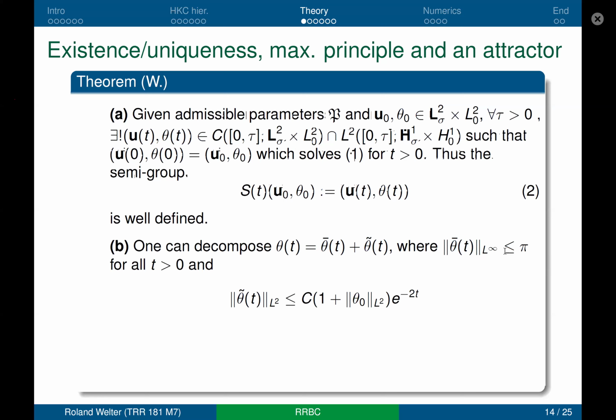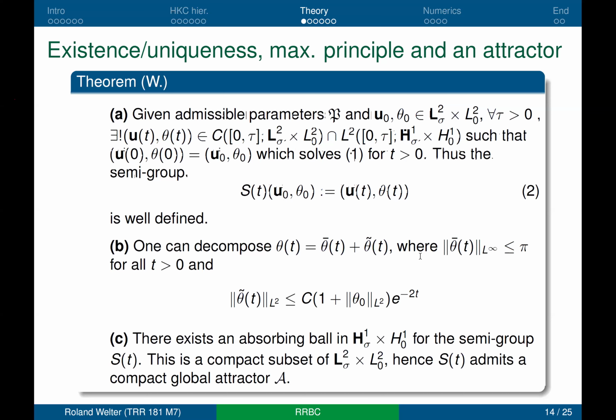This is like you're forcing the temperature at the boundaries, and this theta bar remains between the boundary values. And the theta tilde is some initial fluctuation, which decays exponentially. So you have a maximum principle in this way.